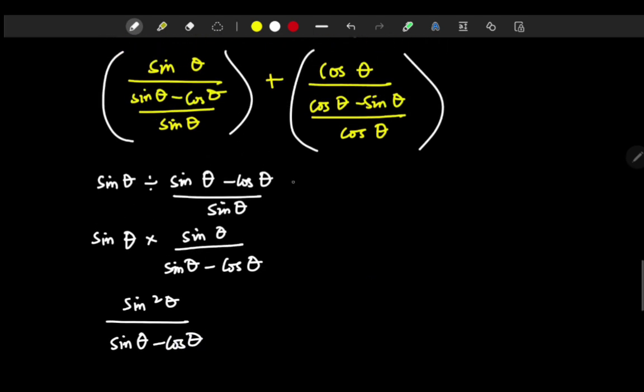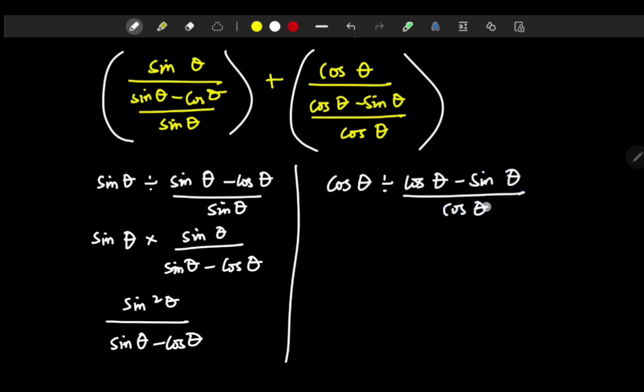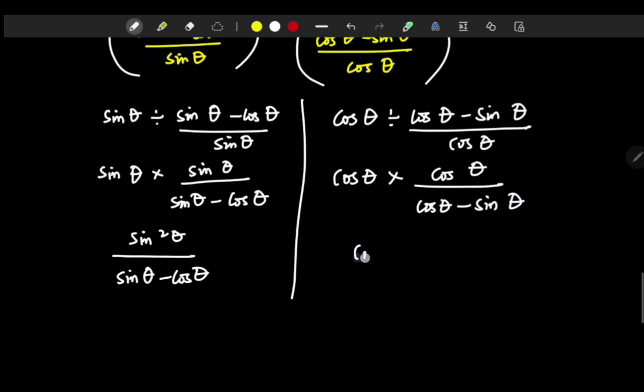On the other side, you have cos theta divided by cos theta minus sine theta all over cos theta. Again, you change division to multiplication, I get cos theta all over cos theta minus sine theta. Right, so you multiply, you have cos square theta over cos theta minus sine theta.